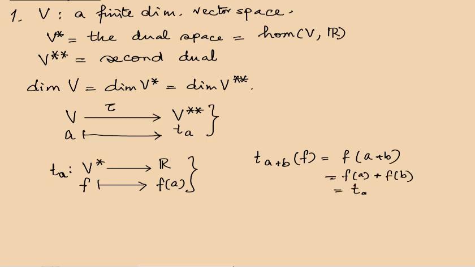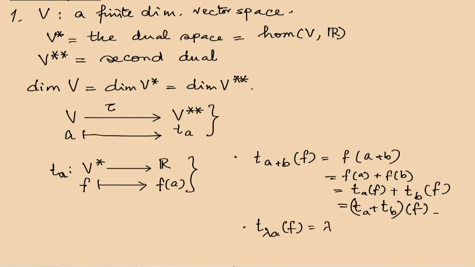So this is nothing else but Ta of f plus Tb of f, which is Ta plus Tb evaluated at f. Right? And similarly, you'll be able to show T of lambda a at f is lambda times Ta of f. So this shows that a to Ta is linear.